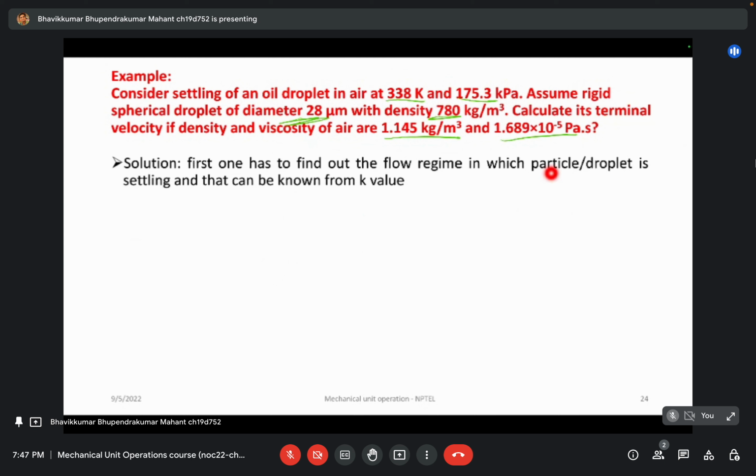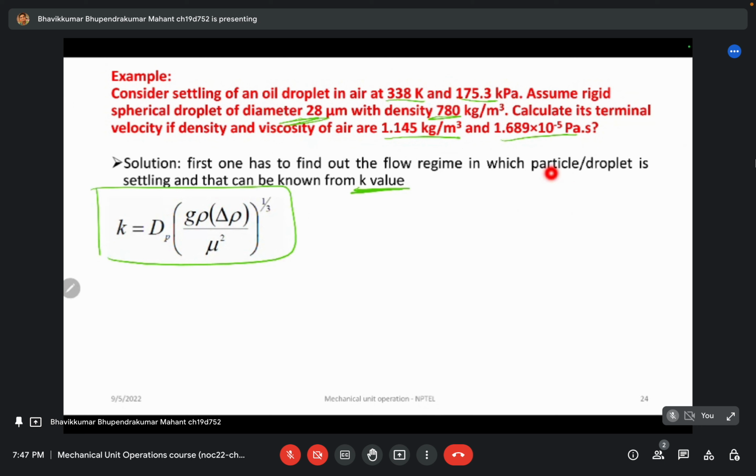So for the solution, first one has to find out the flow regime in which the droplet is settling, and that can be known from the K value. We need to find the K value first. From the K value you can tell whether it is the Stokes regime, or the intermediate regime, or Newton's regime. The equation of K is equal to d_p times the cube root of rho g delta rho by mu square, that is, raised to 1 by 3.